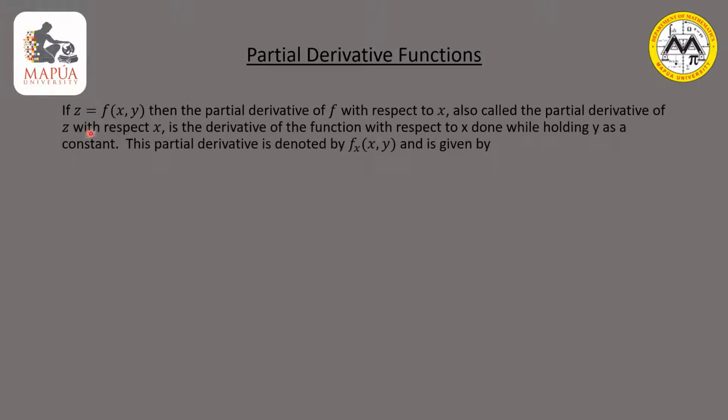Let us consider having a function z, the f function of xy. Here we have two independent variables, x and y. Then the partial derivative of f with respect to one of its independent variables x, also called the partial derivative of z with respect to x, is the derivative of the function with respect to x done while holding y as a constant.